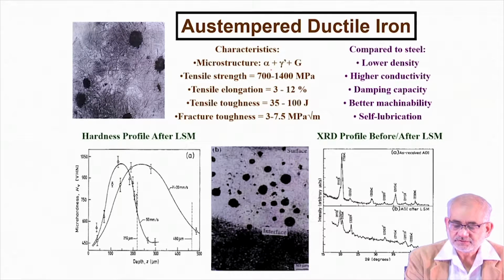So, the typical microstructure will have ferrite, retained austenite, and graphite. We are talking about fairly high tensile strength of the material. Now, normally cast iron will have just 1 or 2%, maybe less than 3% ductility, but here we are talking about a tensile ductility as high as 10% or so, and that's possible because of this bainitic microstructure.